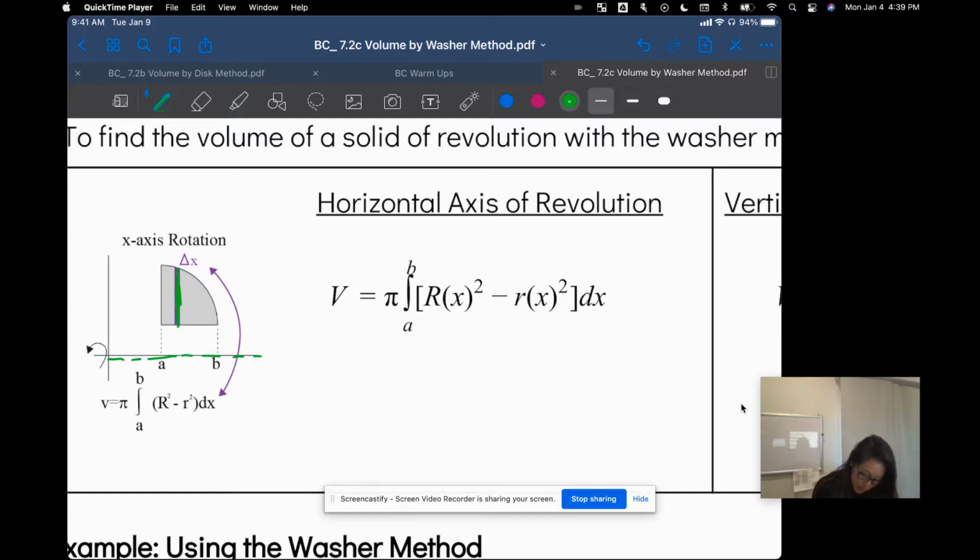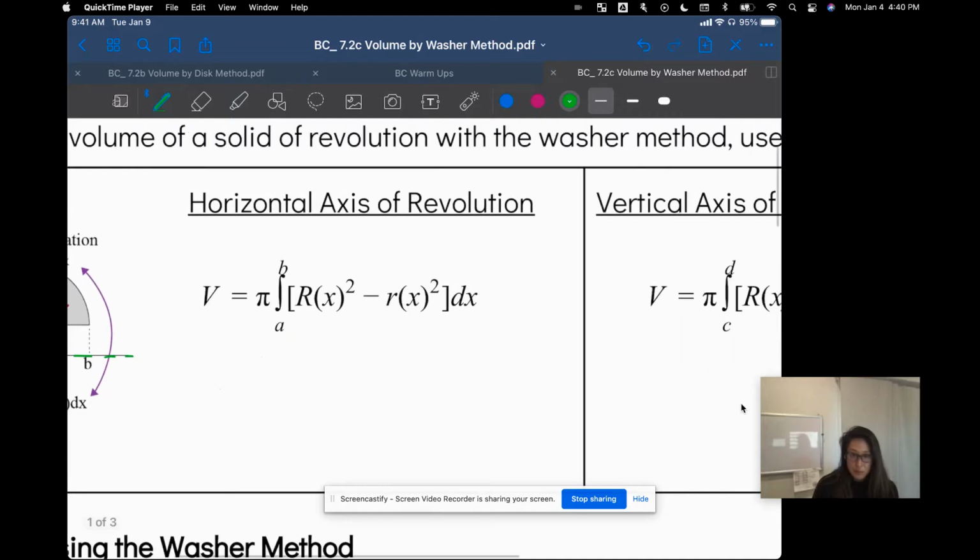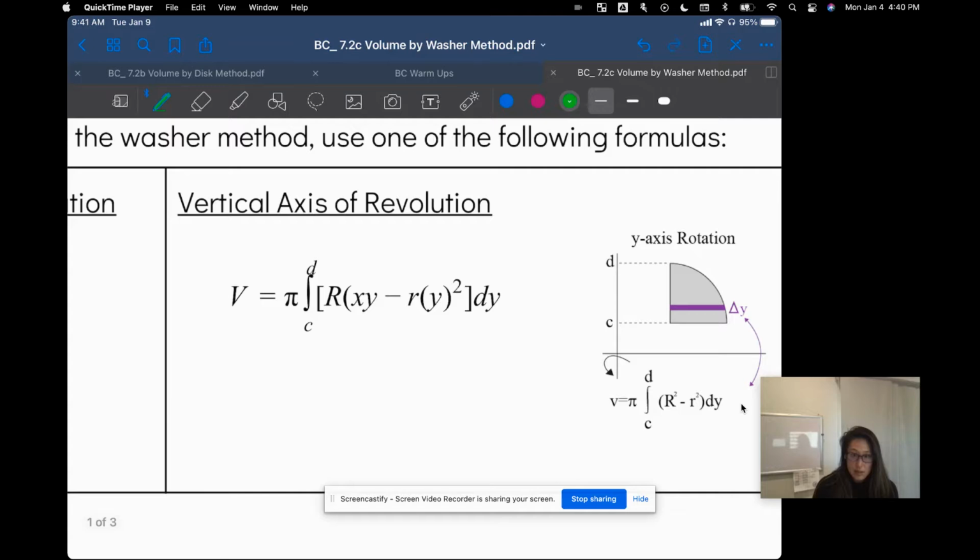So right now what I notice is that from the axis of rotation to the outer curve, we call that R, and from the axis of rotation to the inner curve, we call that little r. Again, the formula is listed here. For a vertical axis of rotation, say my axis is right here.